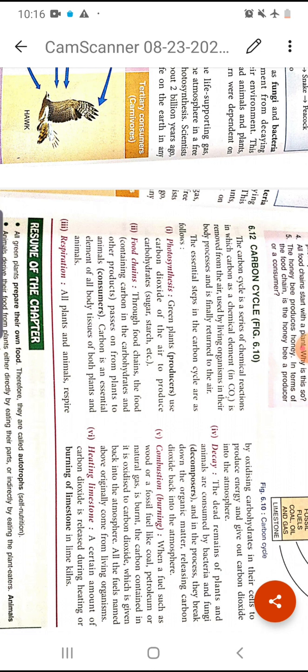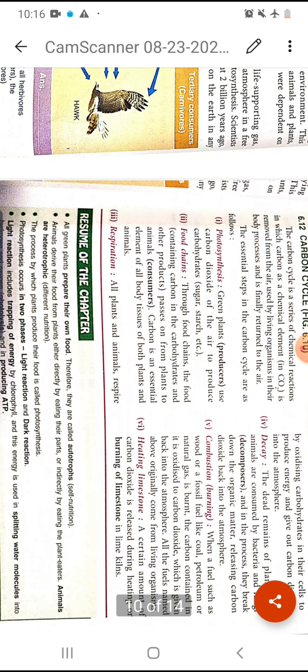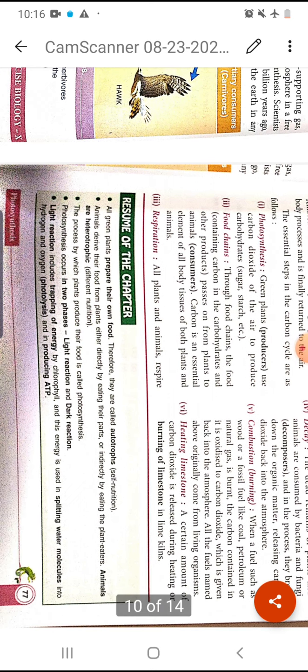Now the food chain: through the food chain, the food containing carbon in carbohydrates and other products passes from the plants to the animals, because we are directly or indirectly dependent on plants. So in carbohydrates, carbon is present, and it will transfer from the plants to the consumers. So carbon is an essential element for our body tissues, both for plants and animals.